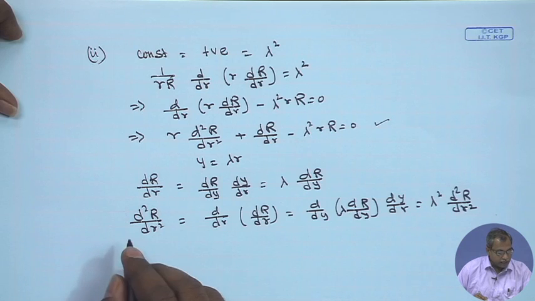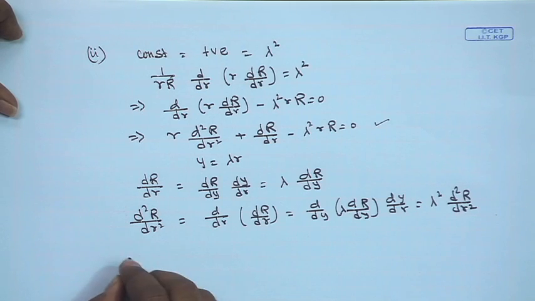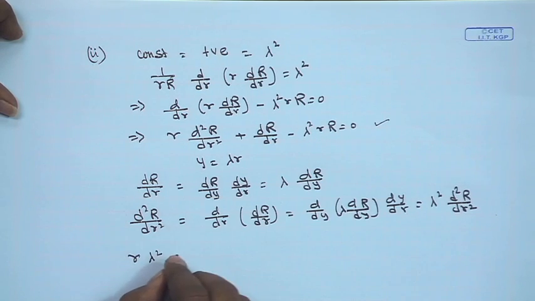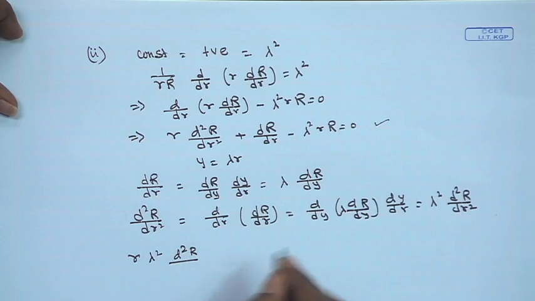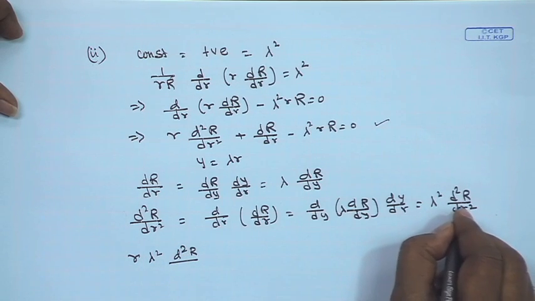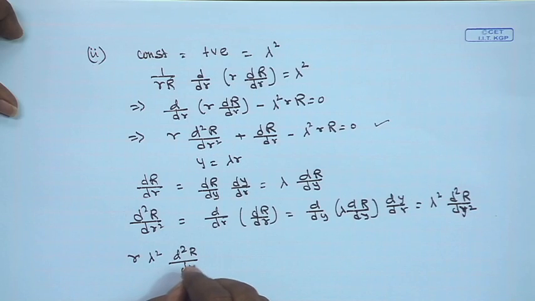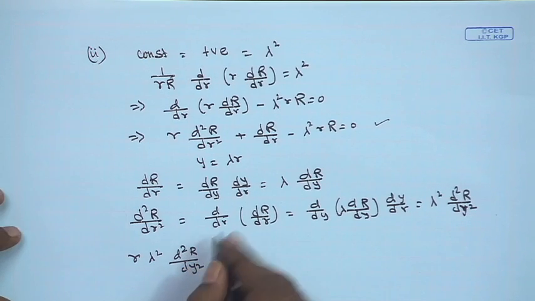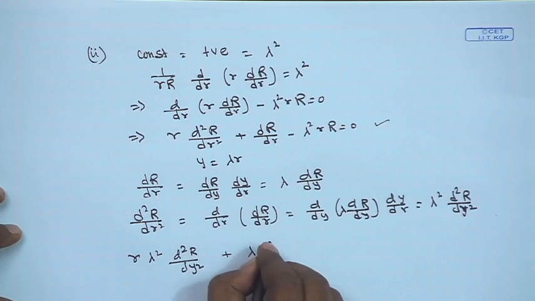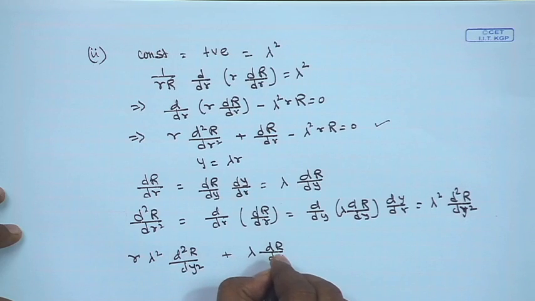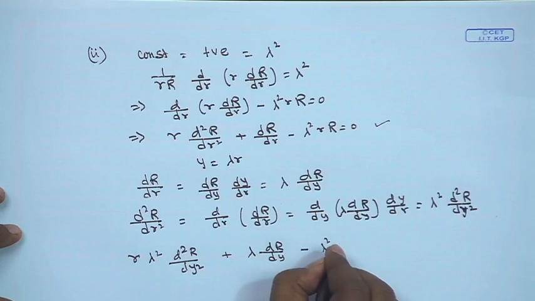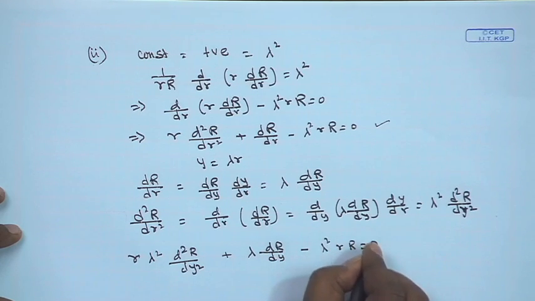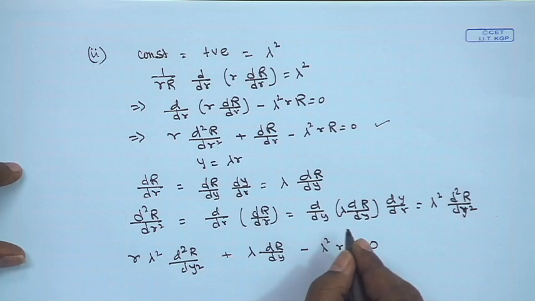If you really do that, we will be having r lambda square d²R/dy² plus lambda dR/dy minus lambda square R is equal to 0. Okay.